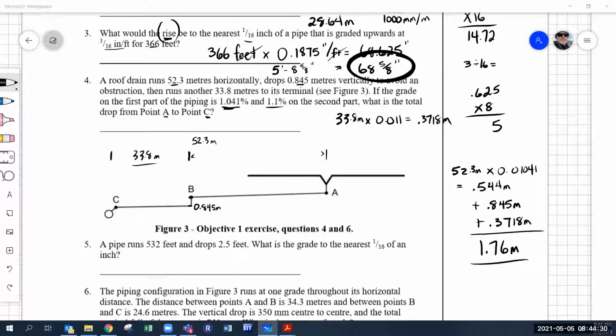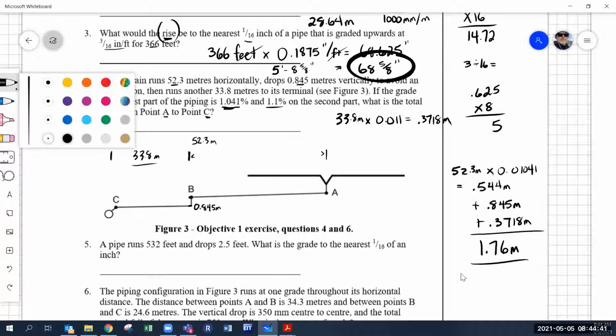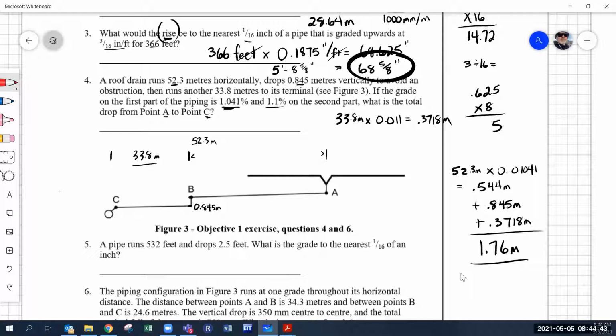Doug, would you mind going through that again just once more? Sure. So let me clarify here. I will use a different color for that. We have our first spacing between A and B at 52.3 meters.